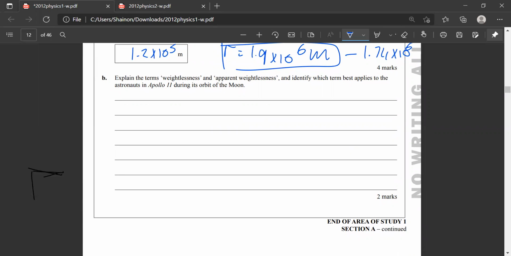Explain the terms weightlessness and apparent weightlessness and identify which term applies. So weightlessness is when you don't feel the effects of gravity.